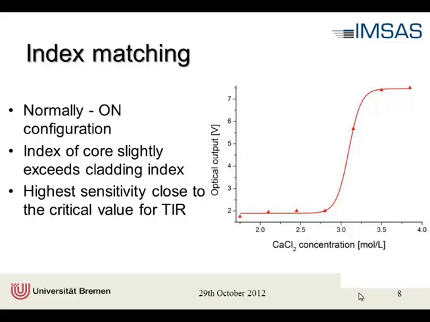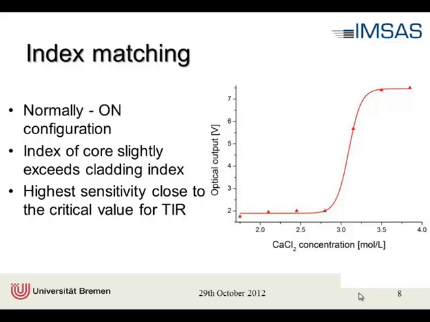To choose the right index of the core solution, we recorded the output at the photodetector depending on the calcium chloride concentration. We use the calcium chloride solution as the core liquid.